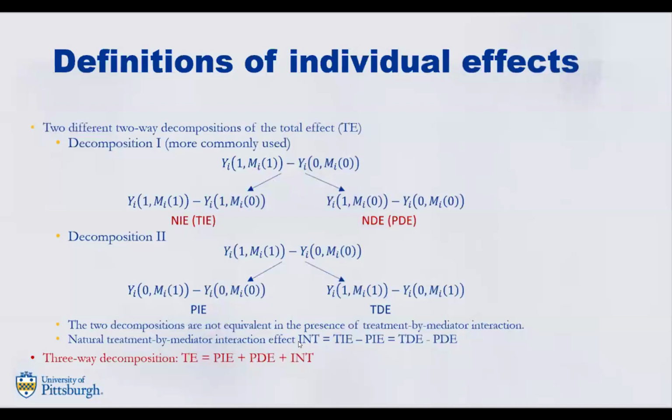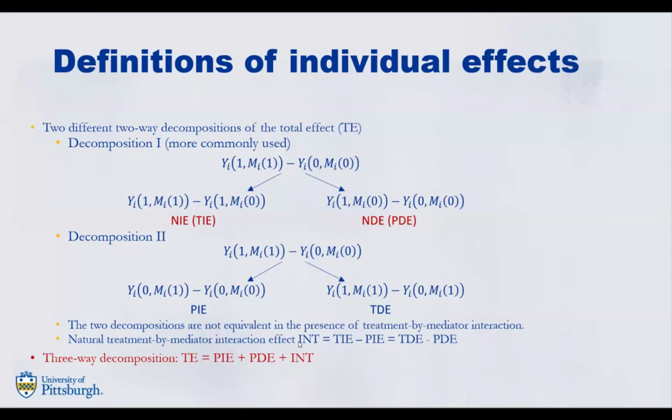We can tell how much the mediator purely transmits the impact of the treatment on the outcome, and how much the mediator transmits the impact of the treatment on the outcome by interacting with the treatment. You're able to separate them, which allows you to investigate the mediation mechanism in a more comprehensive and rigorous way. Any questions?